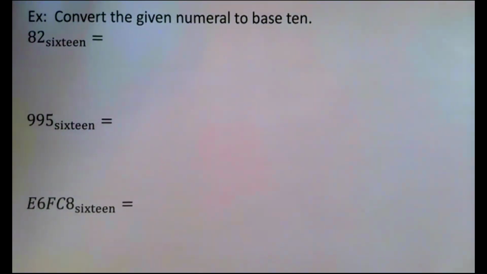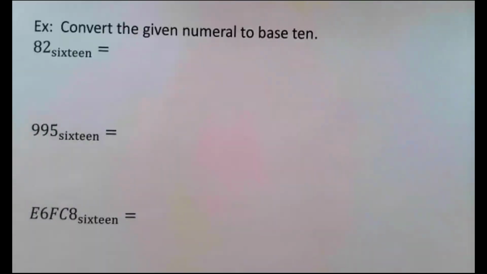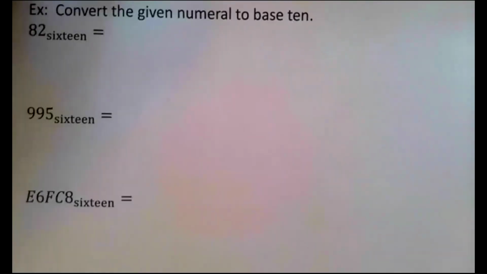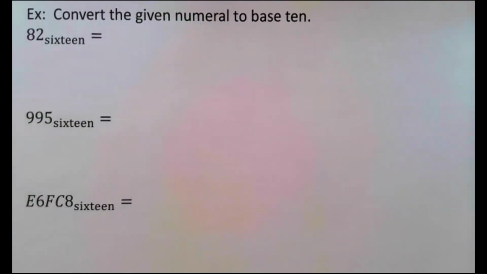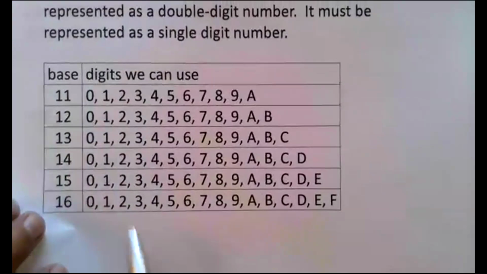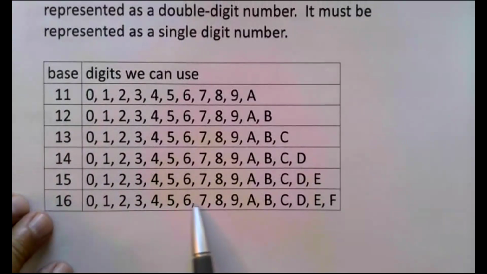Go through a few base 16 examples. Now we're in base 16. Remembering in base 16, you have a lot of characters that can be used, because in base 16 all of these are single digit characters. So this is 10, 11, 12, 13, 14, 15.